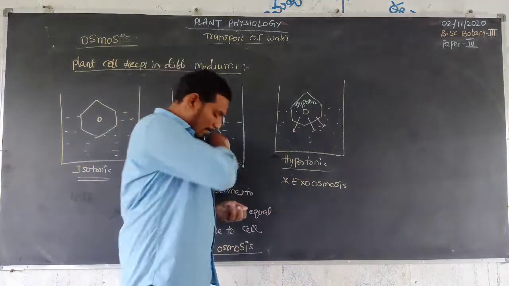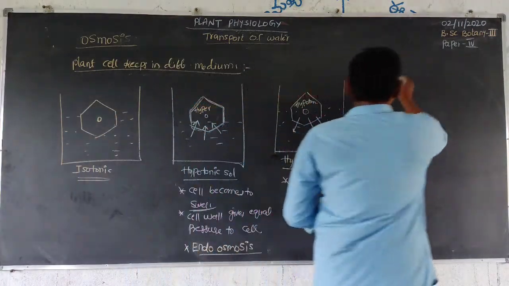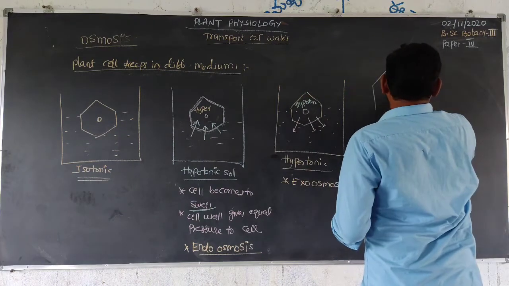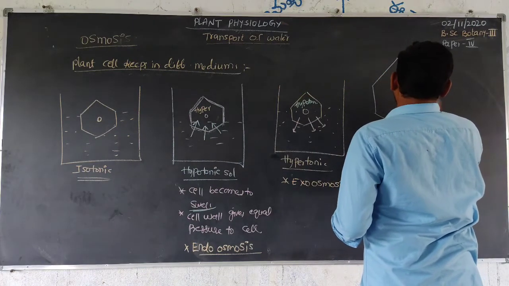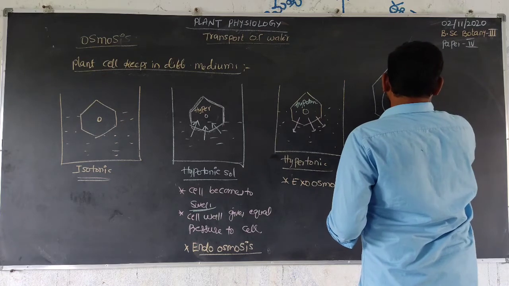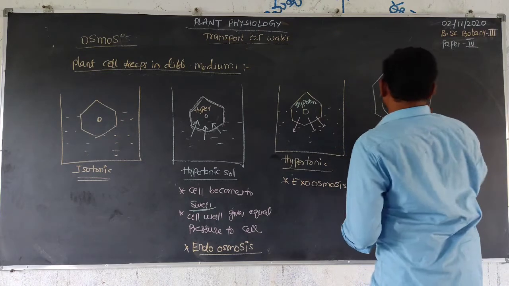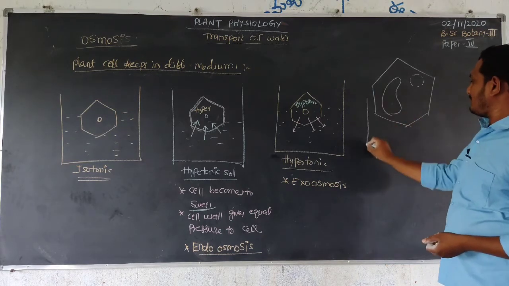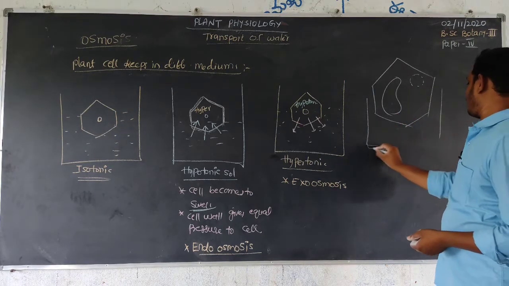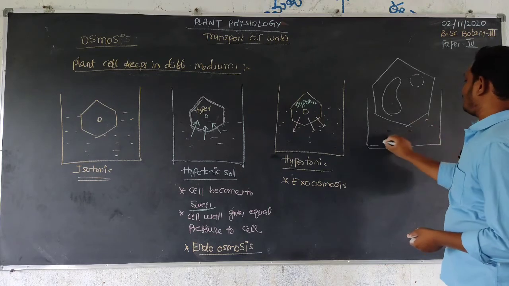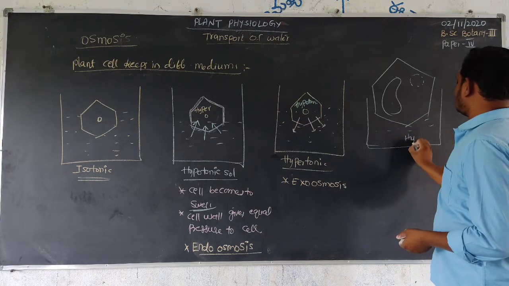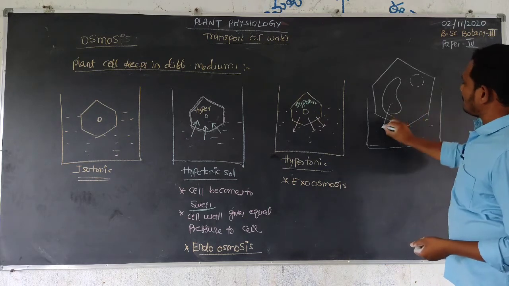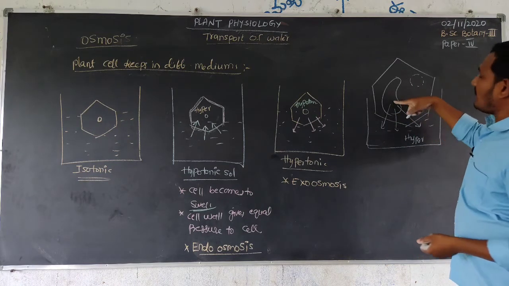In a plant cell, a large vacuole is present. This is the nucleus. This large vacuole contains water. So when we keep this in a hypertonic, highly concentrated medium, the water comes out of the vacuole.